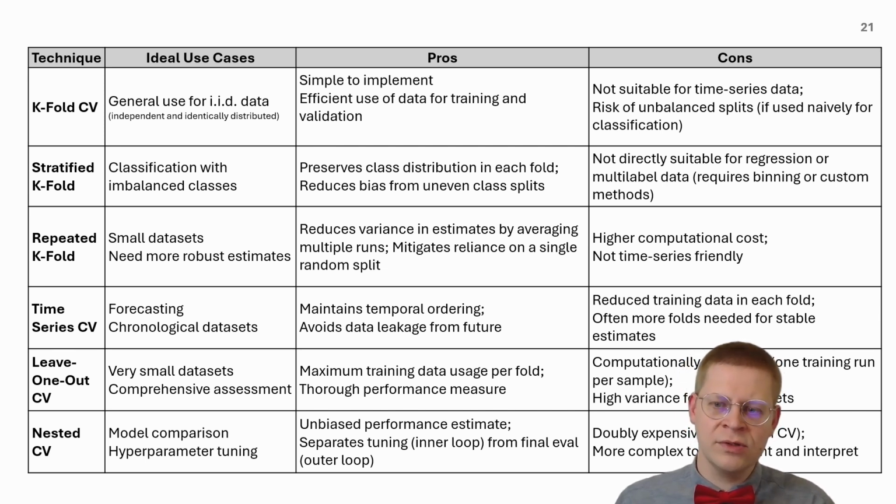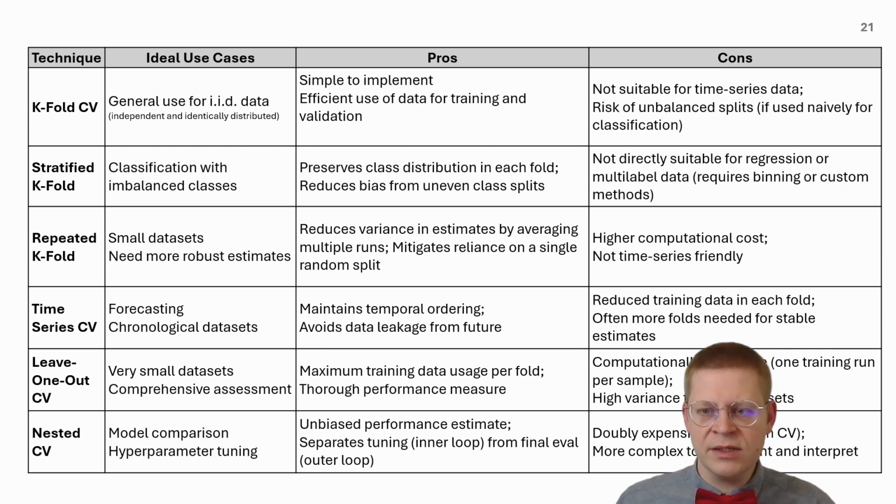Leave one out cross-validation makes each data point its own test set. This is very thorough. We use n-1 samples for training and one leftover sample for testing, and we repeat it n times.